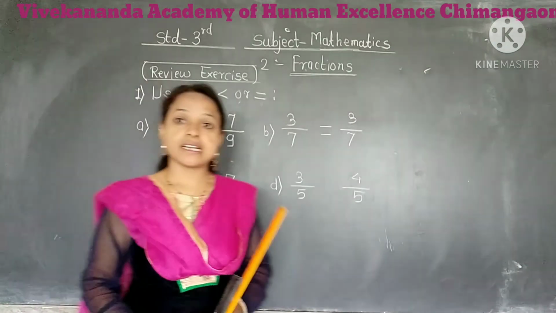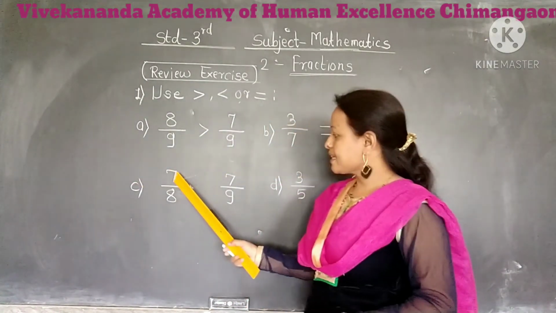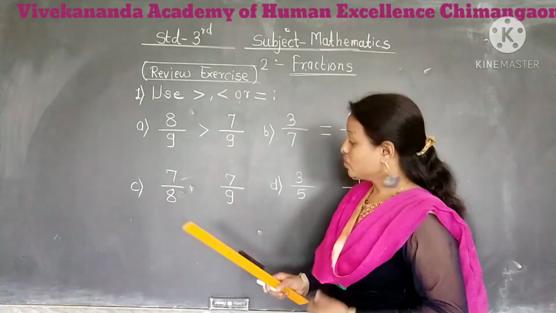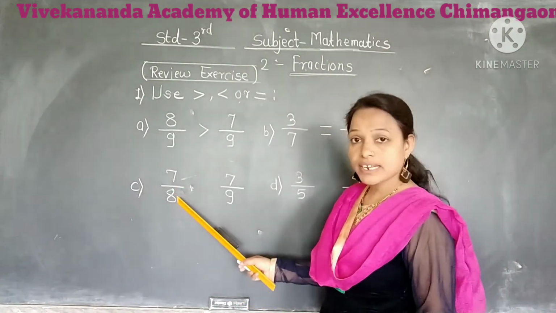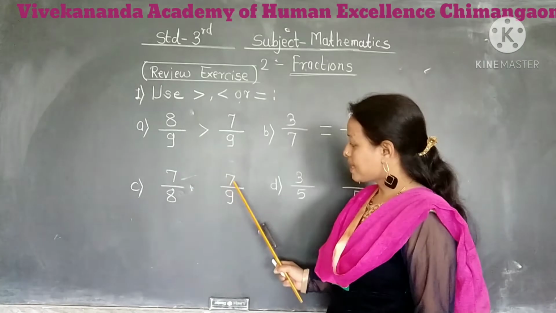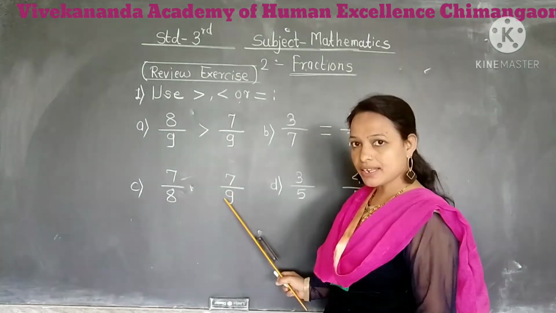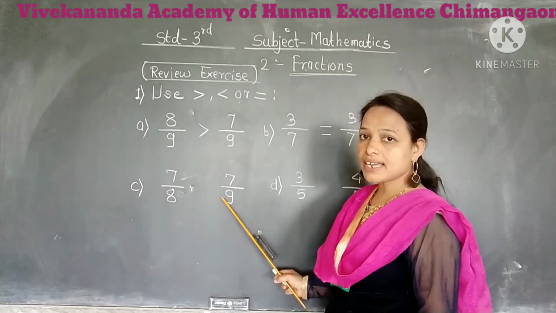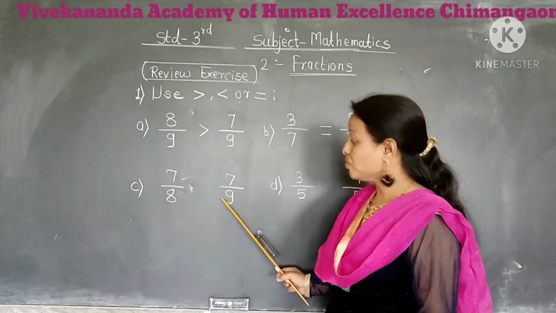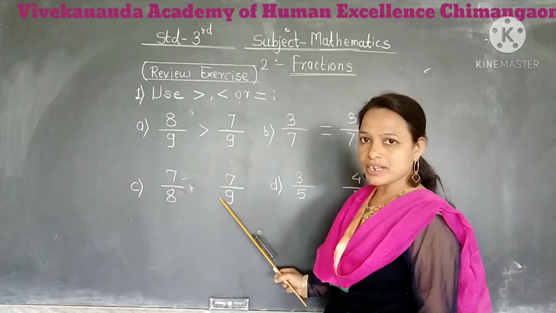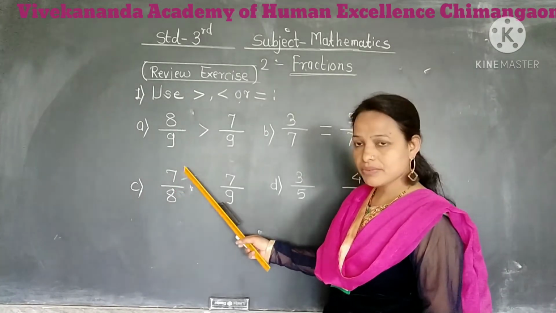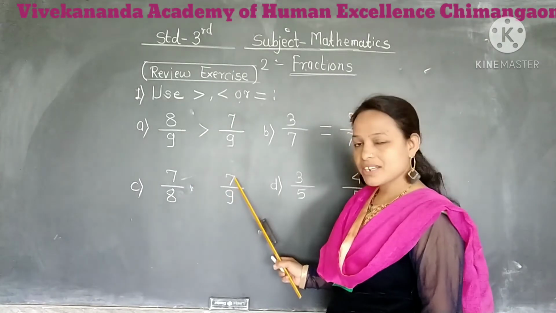Next question. 7 upon 8, 7 upon 9. Now look here, students. Here 7 upon 8, its denominator is 8, and 7 upon 9, its denominator is 9. These are unlike fractions. So how to compare unlike fractions? We have to check the numerator. 7 upon 8, its numerator is 7, and 7 upon 9, its numerator is 7.